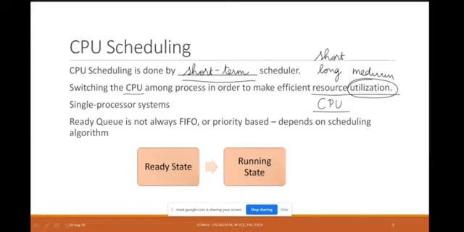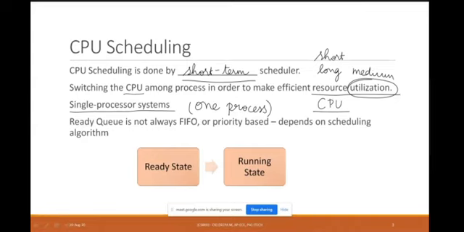Today we are going to see CPU scheduling on single processor systems. What is a single processor system? At any point of time, only one process can execute inside your processor. With this in mind, we are going to schedule our processes.